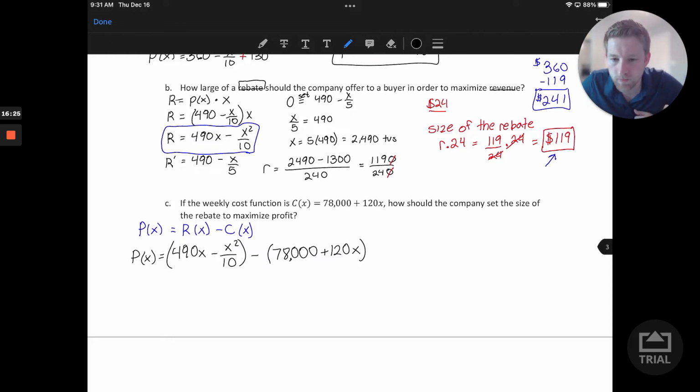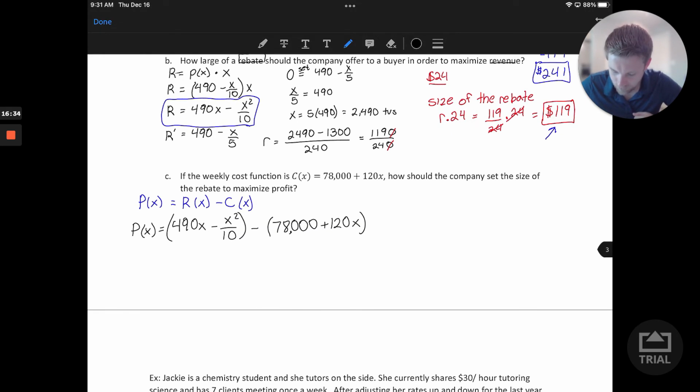So let's go ahead and simplify this as much as we can, and then we'll take its derivative, set it equal to 0, and find a maximum value. Taking a look at this, we'll have a distribution of this negative. We'll have negative 78,000 and minus 120 times x. So if we look at the like terms here, we'll have 490x minus 120, which will give us 370.